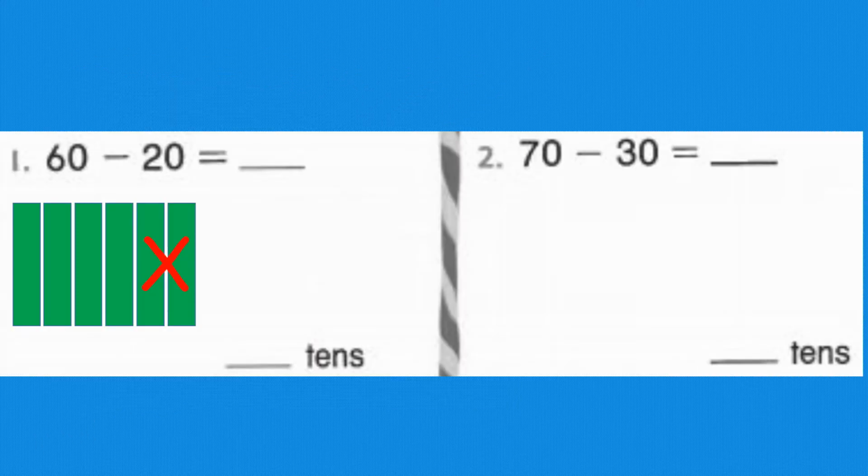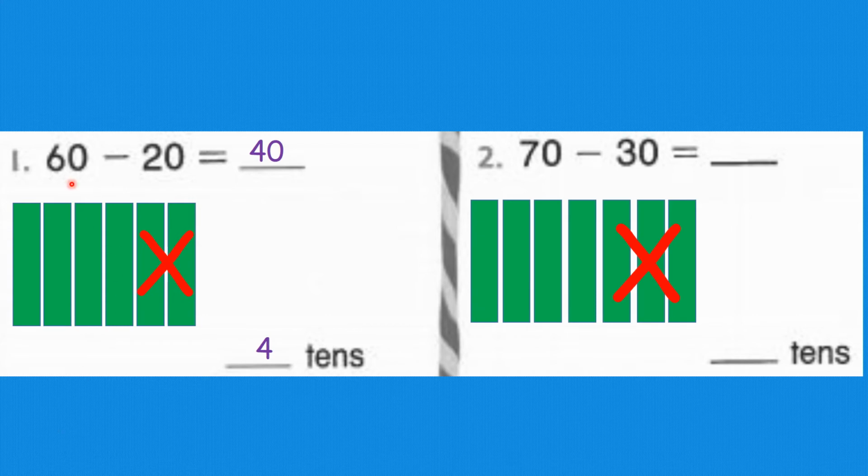Okay, here's one more problem straight out of your packet. So I started with 6 tens, and remember we're doing subtraction, so I took away 2 tens, and that left me with 4 tens over here. And so 60 minus 20 is 40, which is the same as 4 tens. Okay, so then the next problem is 70 minus 30.